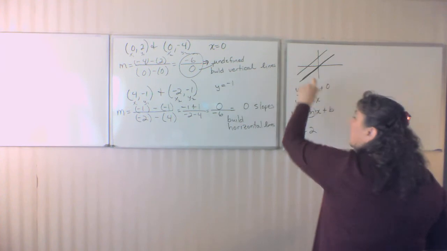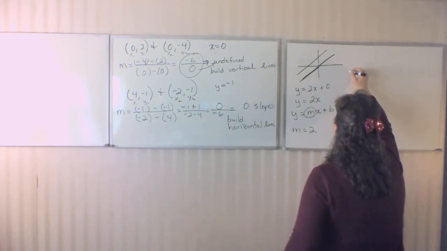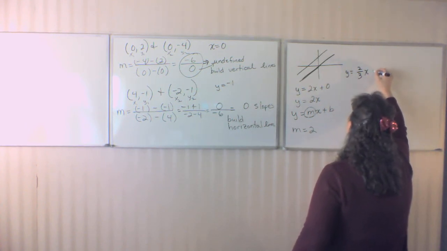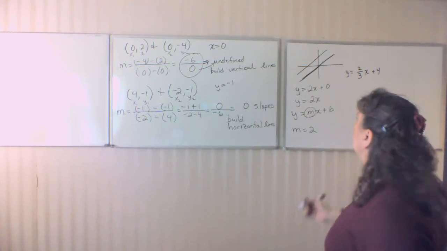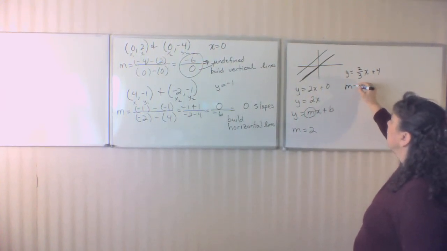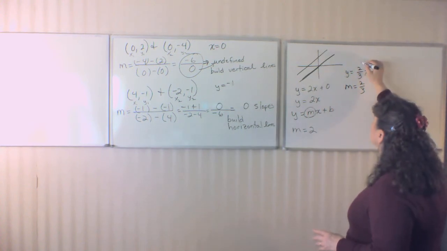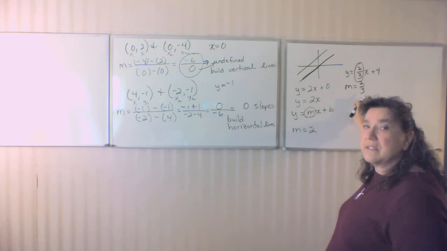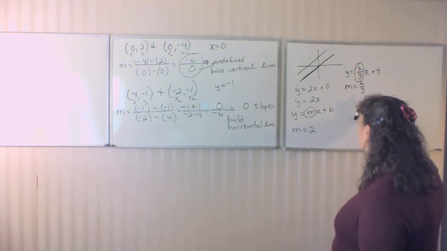And both of them have exactly the same slope. So if I say y equals 2/3 x plus 4, what is the slope of that equation? Yes, m equals 2/3. Not the x, only the 2/3, because this is the only part of this equation that expresses the slope. Not the x, but the m, the part that replaces the m.